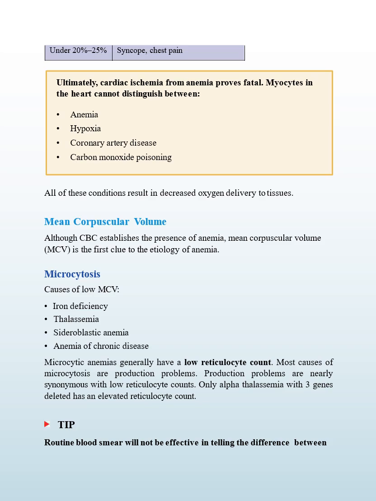And here we need to remember this clinical tip. A routine blood smear will not be effective in telling the difference between the types of microcytosis. Let's go to the next slide, number 5.